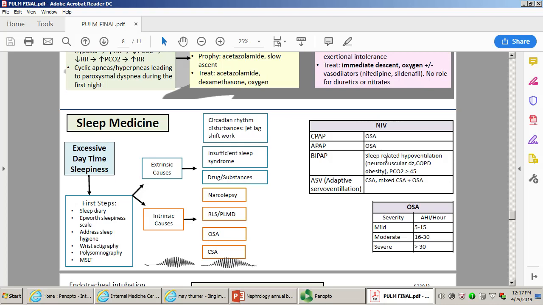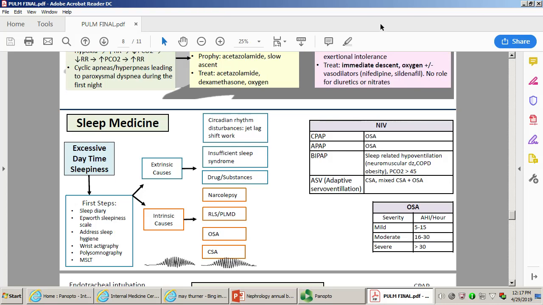Prone position. Oh, you're right, that's for ARDS. I'm jumping things here. Okay, so antibiotics within an hour. And large volume, 30 mL per kg fluids, yep. And source control.